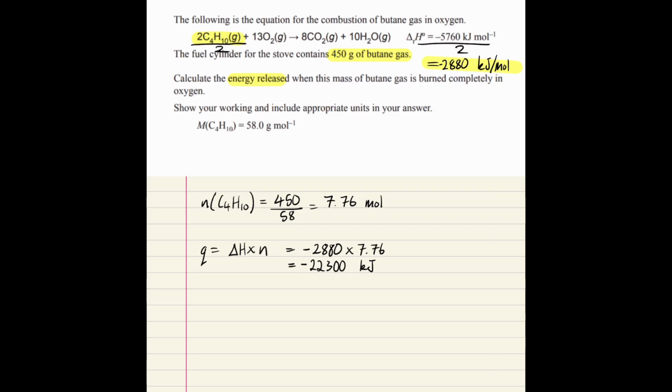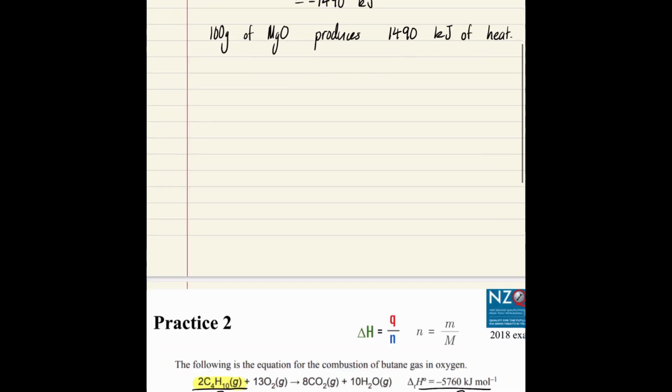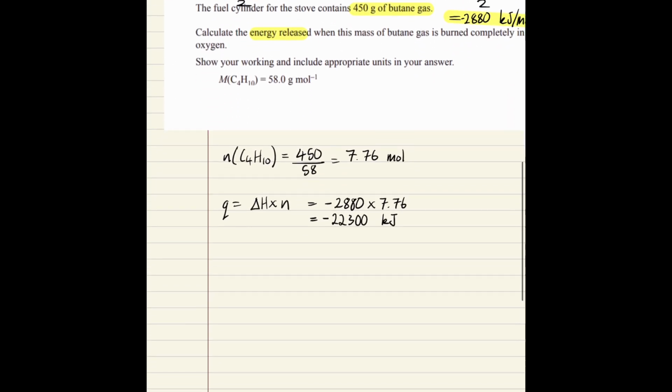Now, sometimes the question will say calculate the energy released. And obviously if we're saying that there's a negative 22,300 kilojoules released, that's kind of cancelling it out because I know that it's 22,300 kilojoules that was released. So again, just like we did up here, I am just going to write a sentence just for clarity.